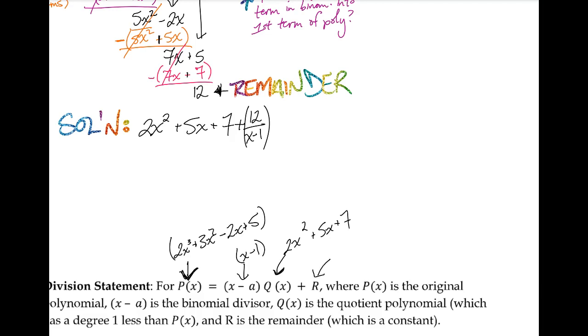And then my remainder would get listed here. And it's just 12. Okay, so the solution for division, I'd need to include that denominator. If I'm filling in this division statement, though, I can just write the remainder as it is.